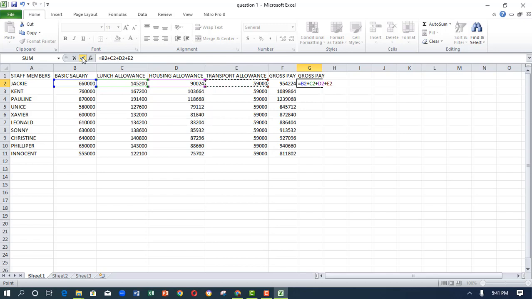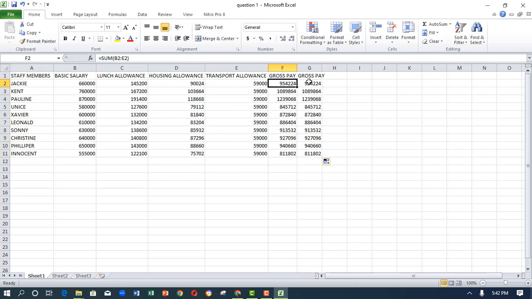If I press enter, you're going to see that I get the same answers. You see that? Same answers here, same answers here. But here we have used the function, a predefined formula, and here we have used a formula. So those are the differences between the formula and the function. I want you guys to understand or differentiate between the two things.